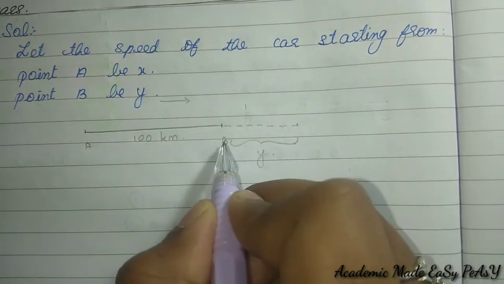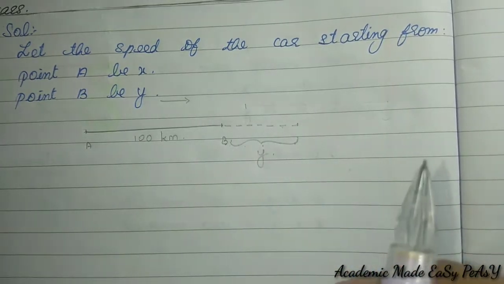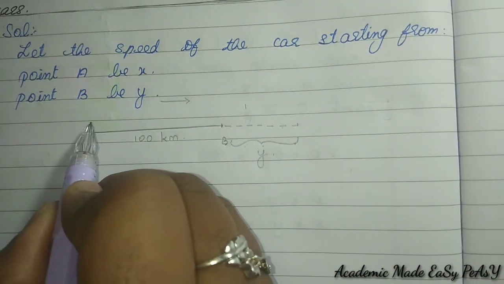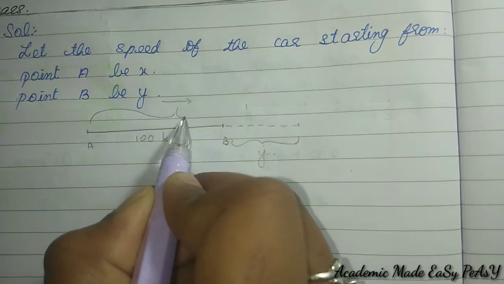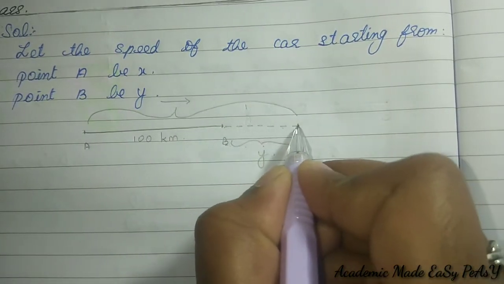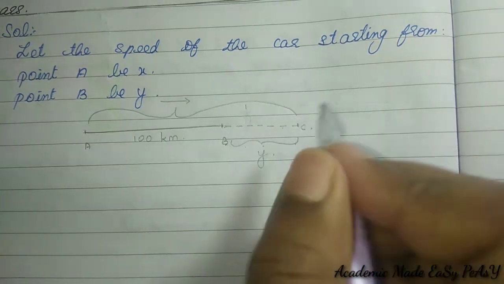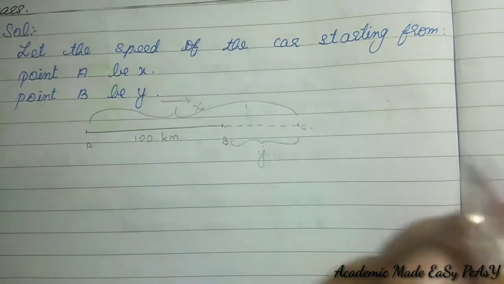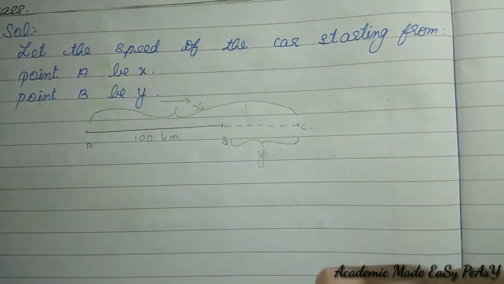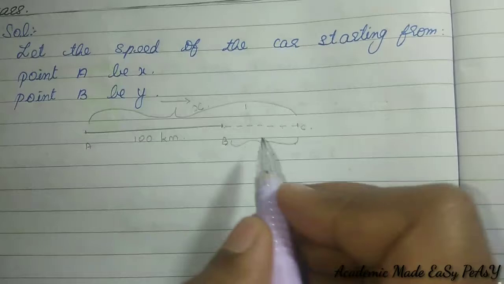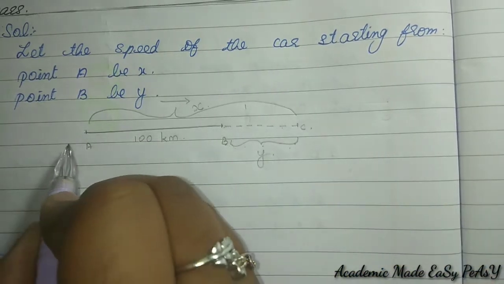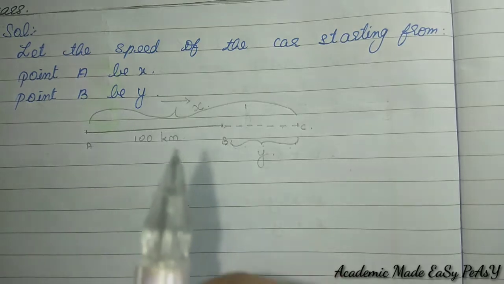Now what I will do is have this entire thing. After 5 hours only it is meeting, no? So let this be point C. Let the speed of the car which is starting from A be x, and the speed of the car which is starting from B be y.